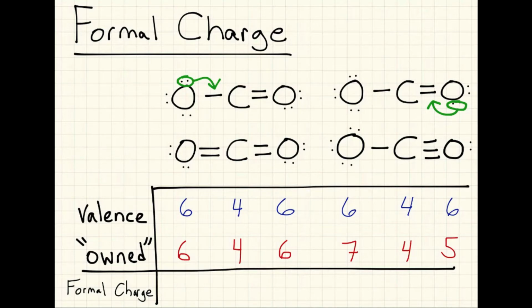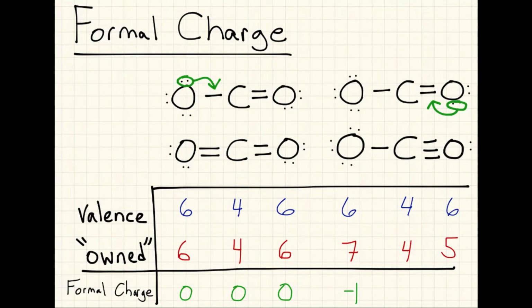So in this case, I can clearly see that all of the formal charges for the structure on the left equate to 0: 6 minus 6, 4 minus 4, and 6 minus 6. But on the right-hand side structure, I get 6 minus 7, which gives me a formal charge of minus 1 for this particular oxygen atom.